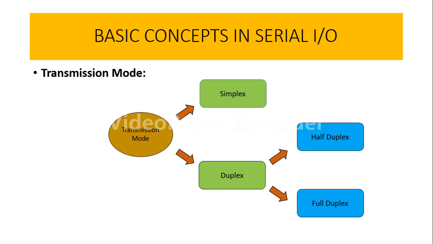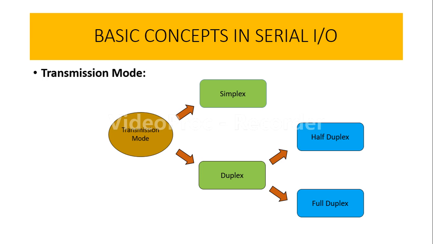If the transmission is one way at a time, then we call it half duplex. An example of half duplex is the walkie-talkie, wherein though it is a two-way communication, we can transmit the data one way at a time only. Either you can talk on the walkie-talkie or you can just receive the data.